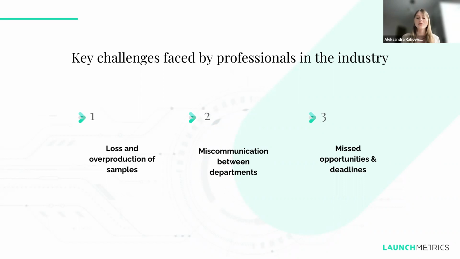So then we'll have the miscommunication between departments. As I mentioned, samples travel through different departments, from merchandising to e-commerce, to wholesale, archive, PR showroom, you name it. There are so many steps on the way. So it's very important to know where that sample is at every stage, where to look for it.